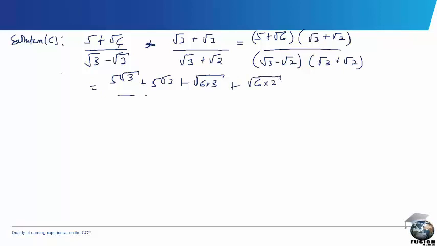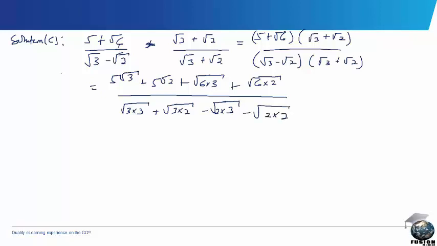Alright, and then on the denominator we have root 3 times 3, plus root 3 times 2, and then we'll have minus root 2 times 3, and then minus root 2 times 2.